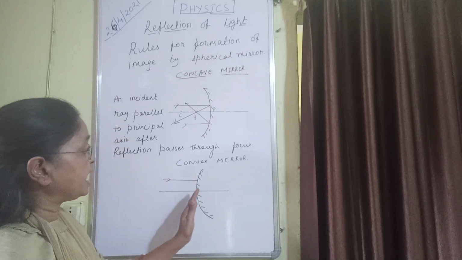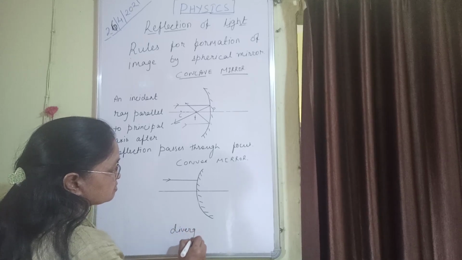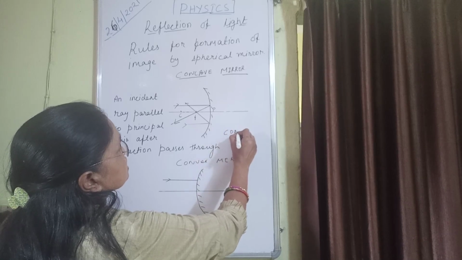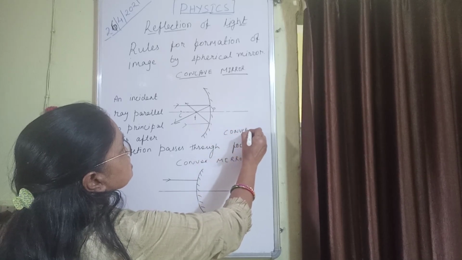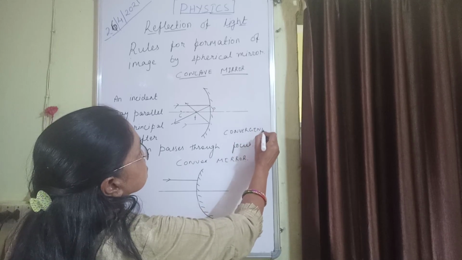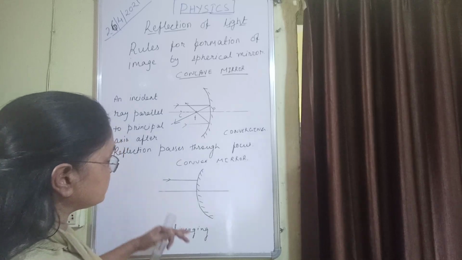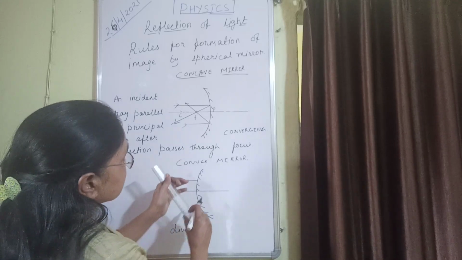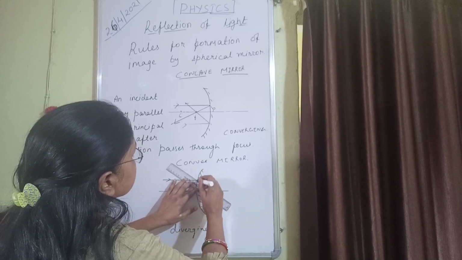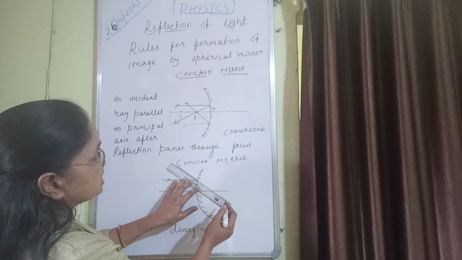But students, as convex mirror is a diverging mirror and concave mirror was a converging mirror, तो सारा रे जो है आफ्टर रिफ्लेक्शन कन्वर्ज कर गया एक पॉइंट में. But as it is a diverging mirror, the reflected ray will diverge there, and after reflection it meets at a focus.